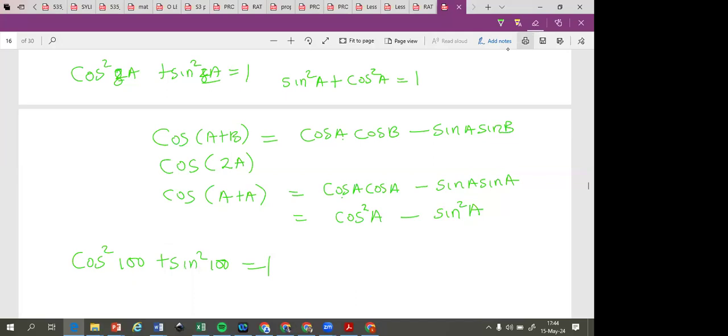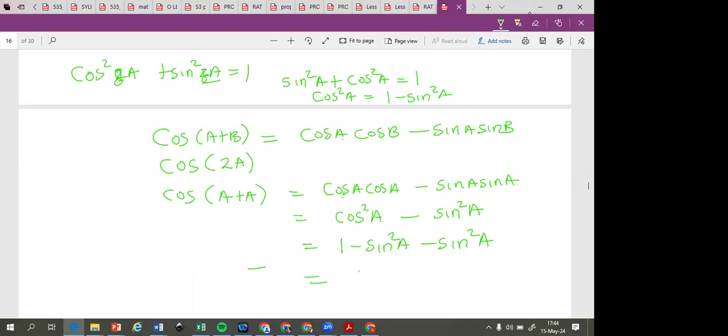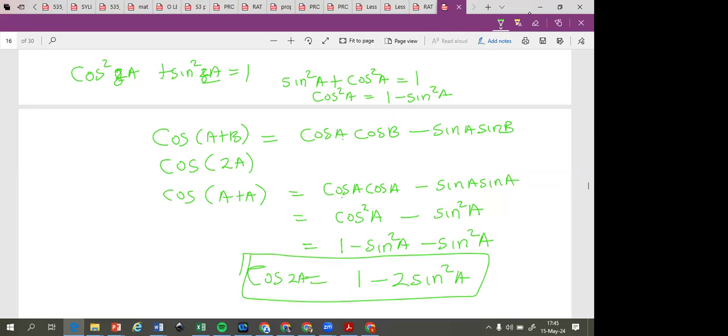Now here I wanted us to put it in terms of sine. So I eliminate cos and say cos squared A is equal to 1 minus sine squared A. So I come here and say 1 minus sine squared A minus sine squared A. This will yield 1 minus 2 sine squared A. So your cos of 2A will equal that.